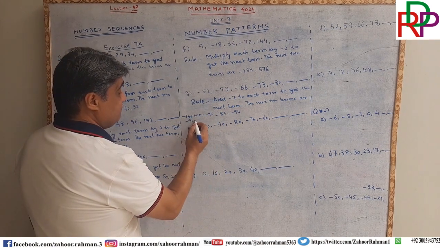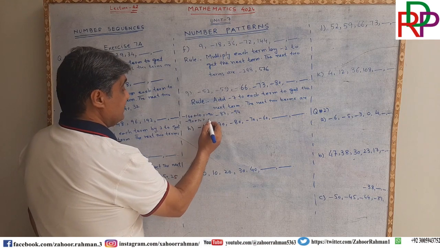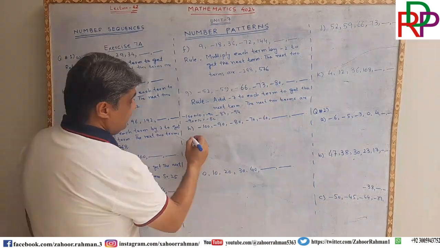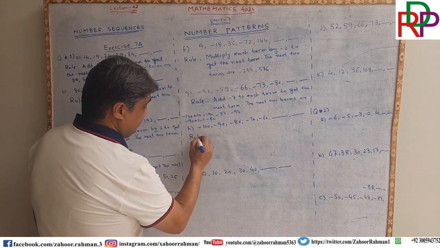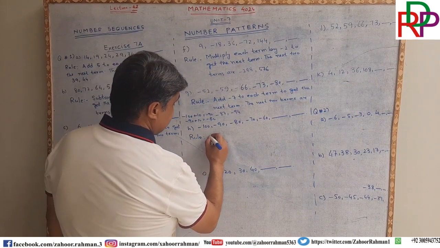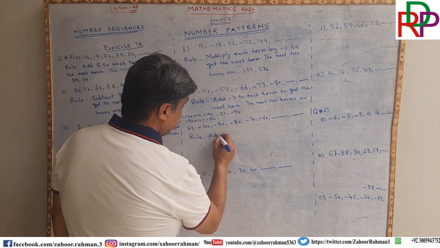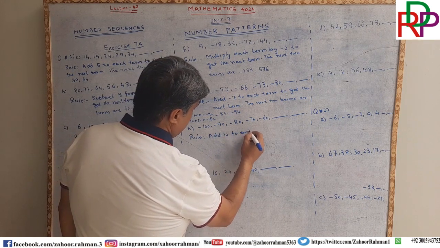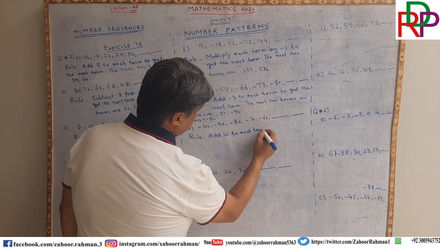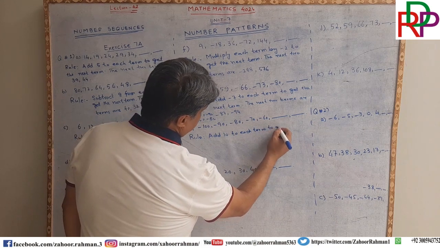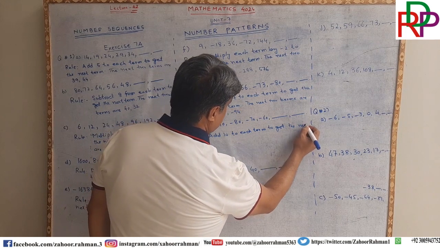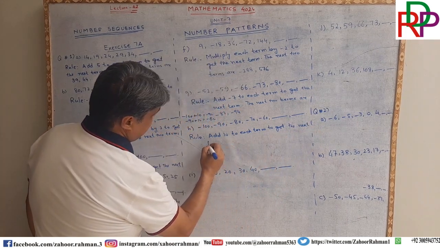Minus 90 plus 10 will give you minus 80, which is the next, and so on. So we are constructing a rule: add 10 to each term to get the next term.